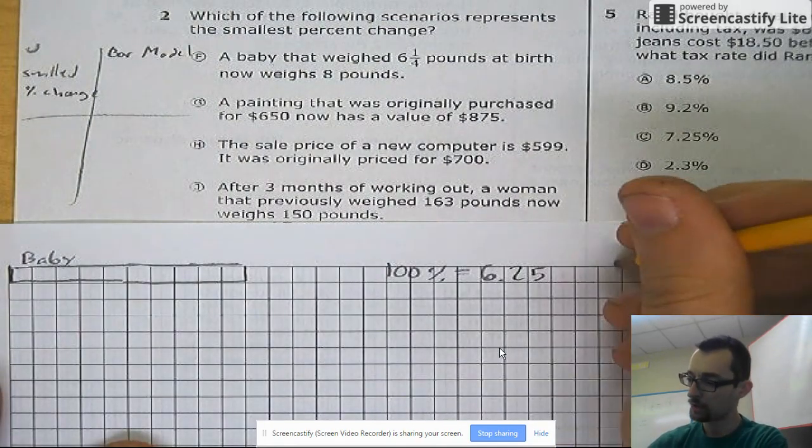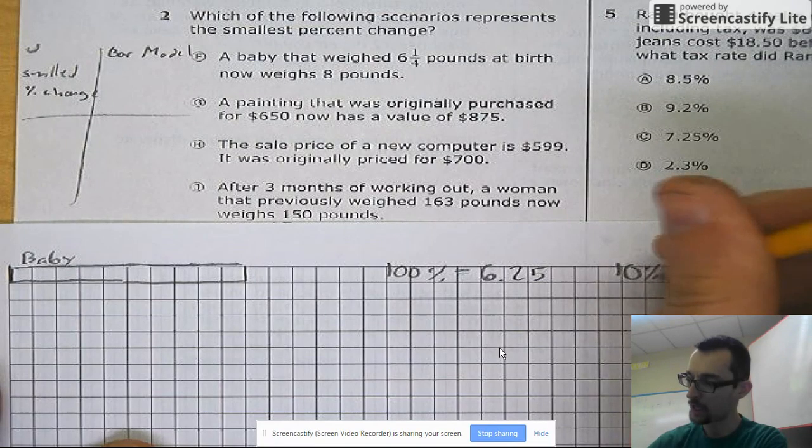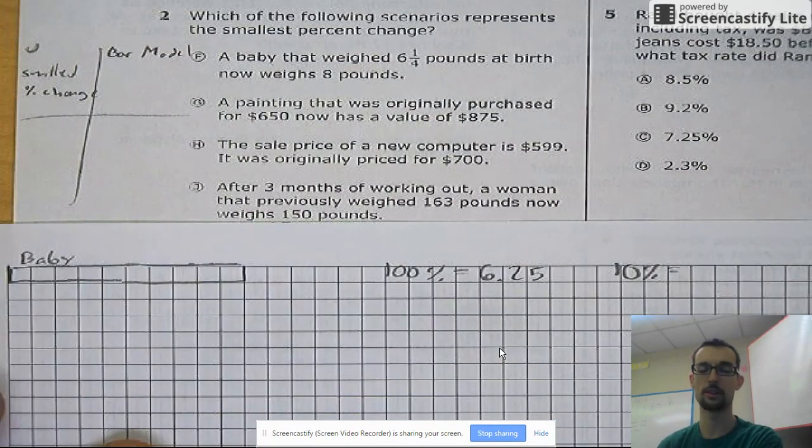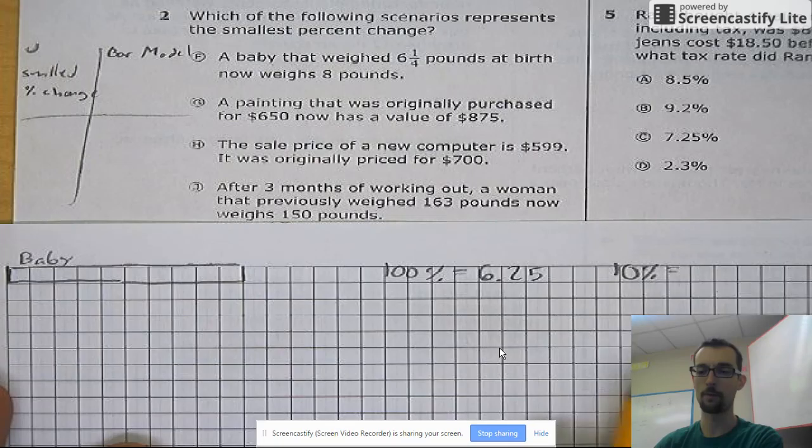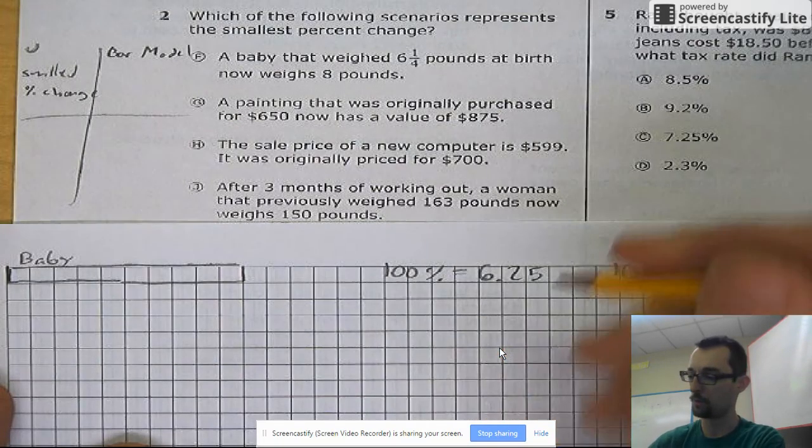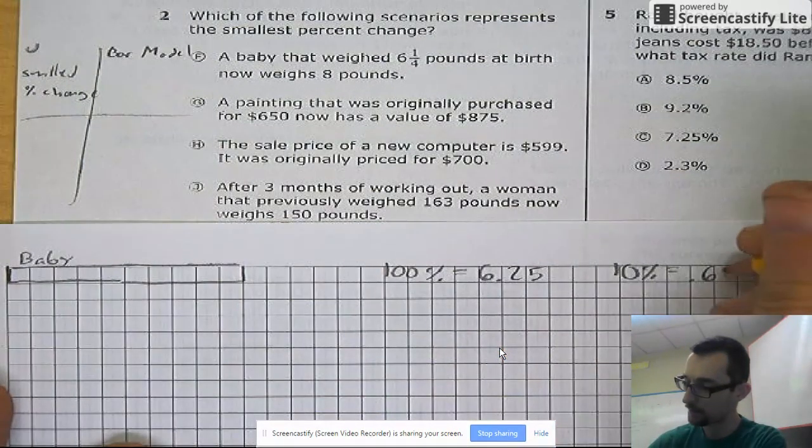So how much is just 1 bar? How much is 10%? Okay, this is very similar to the table we made last time. Well, that would be shifting my decimal place over 1, so 0.625.